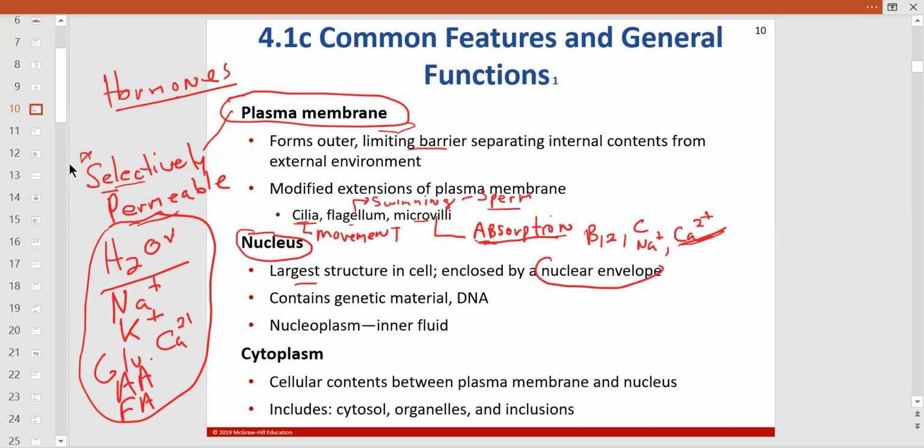It's called the nuclear envelope. And this is where DNA lives, in the nucleus. And there's fluid inside that membrane, nucleoplasm. I'll probably never ask you that, but this you have to know. So the area and substances and fluid between the plasma membrane and the nucleus is called the cytoplasm.